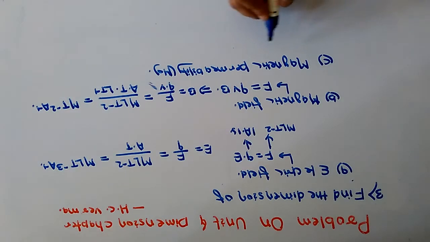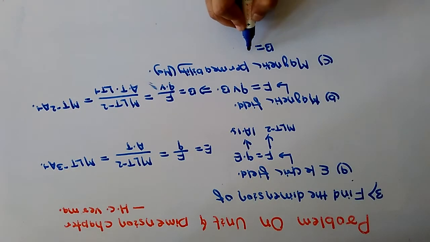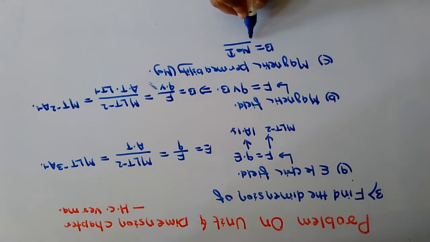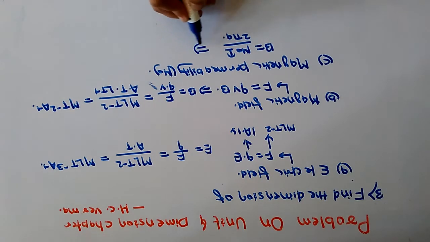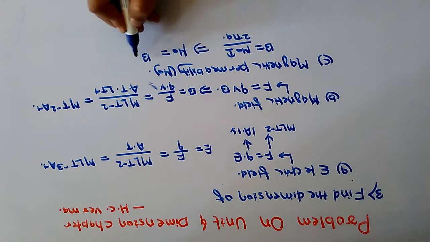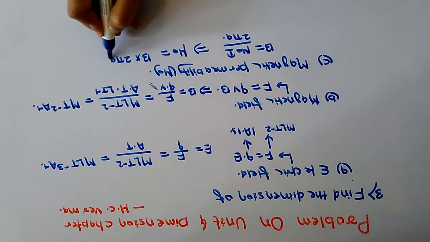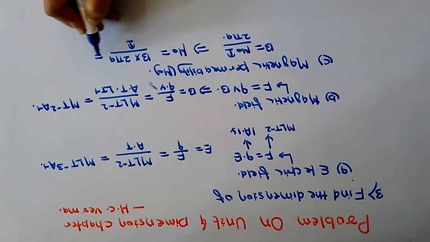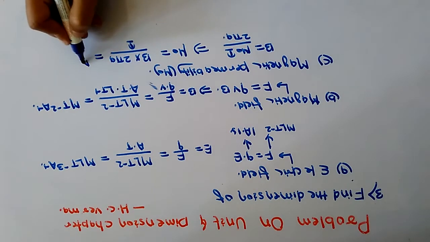So the formula is B equals mu naught I upon 2 pi A. B is the magnetic field, I is the electric current, A is the distance, and mu naught you have to calculate. So we will calculate mu naught as B into 2 pi A upon I, and the dimension of B we have already calculated here.